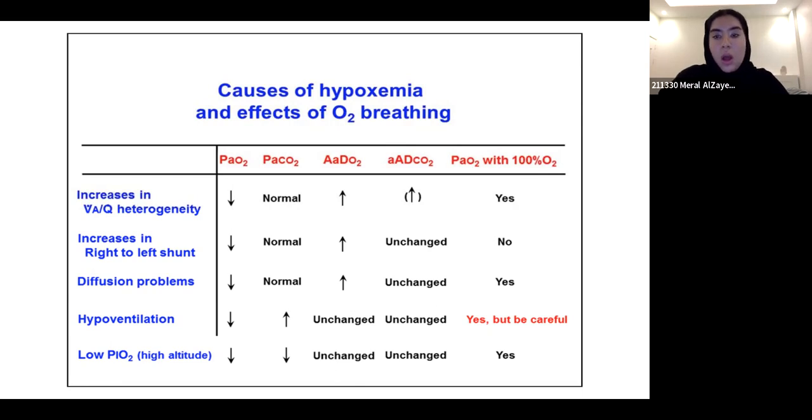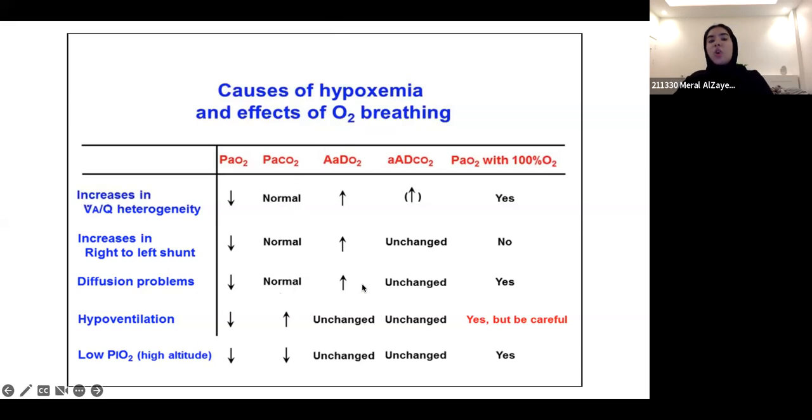Okay. But I just want to explain something that the doctor explained in your lecture today, and some of you might find it confusing. Now, let's go back to when we have normal carbon dioxide here.